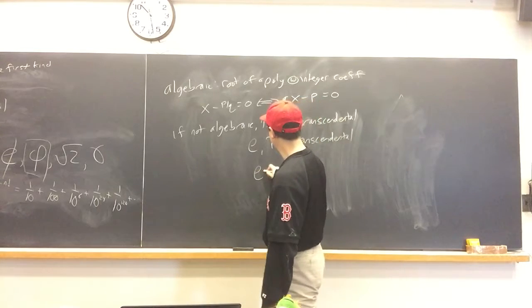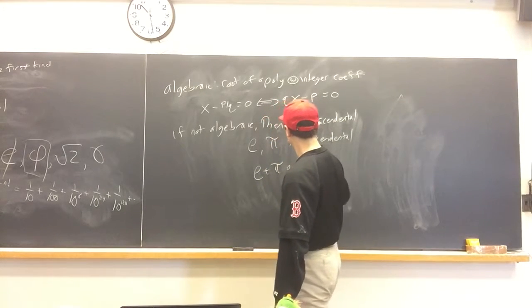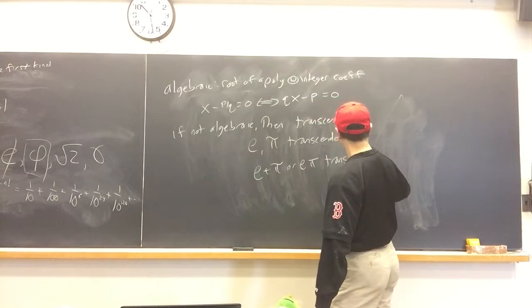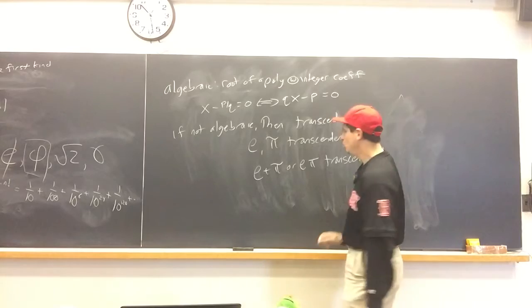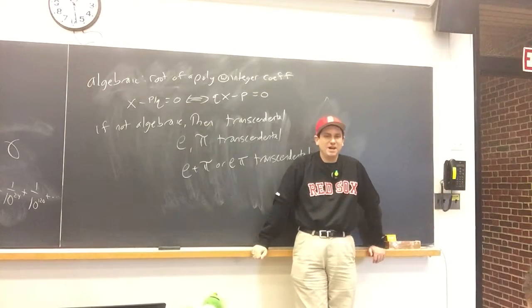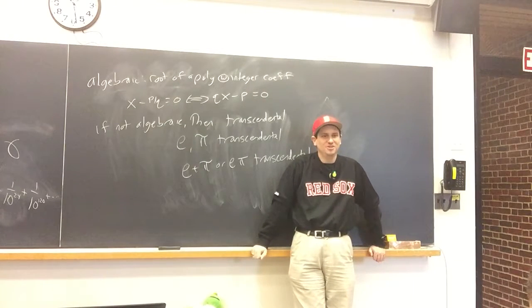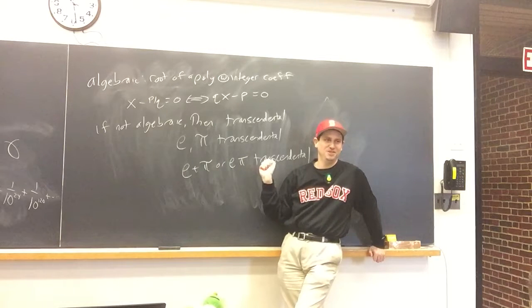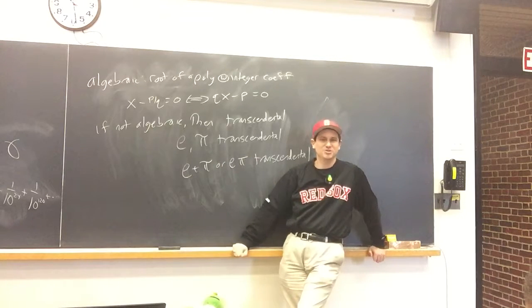One of my favorite theorems is we know either e plus pi or e times pi is transcendental. We don't know which, but we know at least one of the two is transcendental. We're pretty sure both of them are transcendental. We can actually prove at least one of them is transcendental.